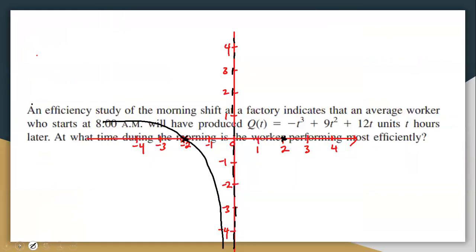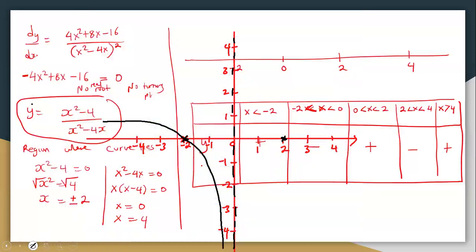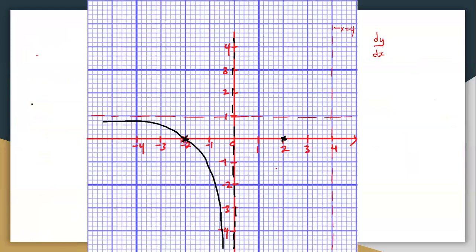Then when I go back, between 2 and 4, it was negative. Now, you are going to understand that the curve, like I've told you, can cross the horizontal axis. So between 0 and 2, it is positive. Between 2 and 4, it is negative. So in between here, you have two lines: this asymptote and this asymptote.